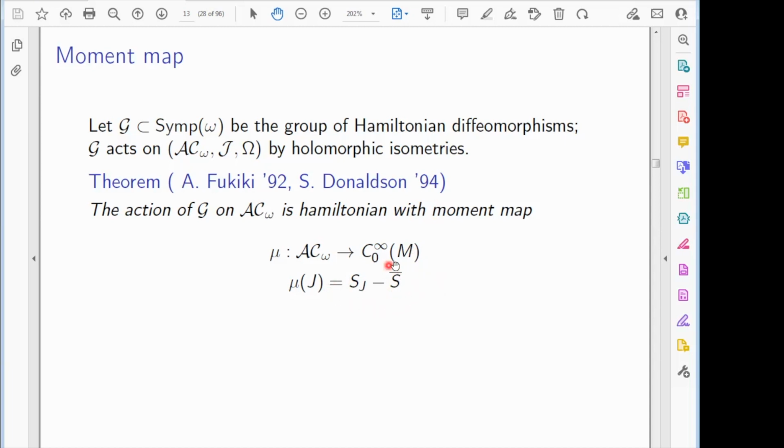The Kempf-Ness theorem says that an orbit of J should have a 0 of the moment map if and only if it's a stable orbit in the finite dimensional Kempf-Ness theorem. This infinite dimensional problem is analogous, but it's unsolved, because the Kempf-Ness theorem is a result in finite dimensional GIT.